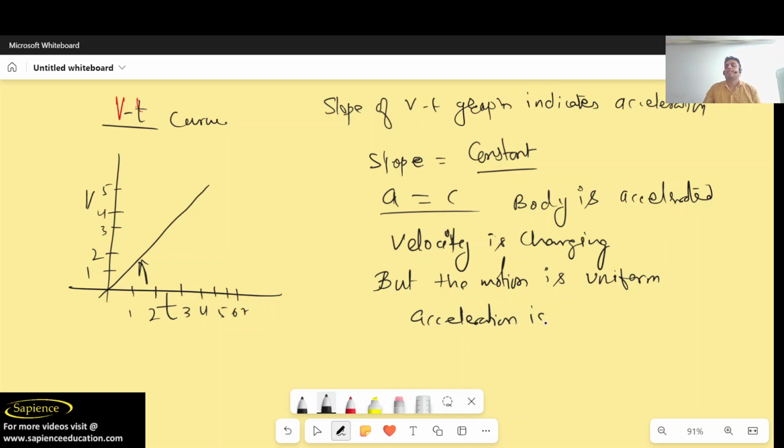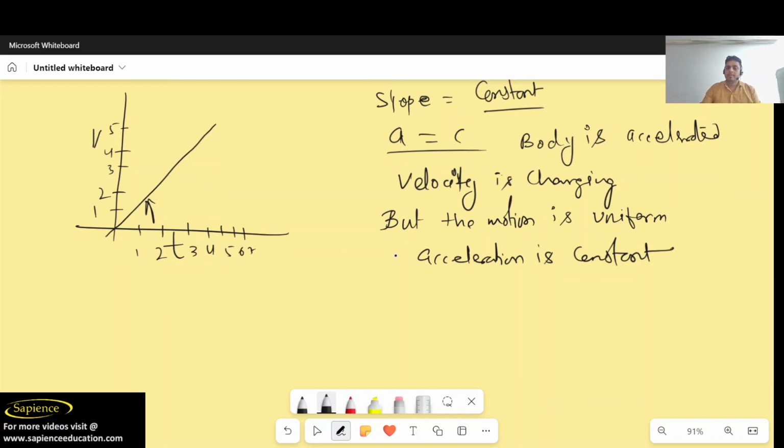Acceleration is constant. That means velocity is changing with equal rate.